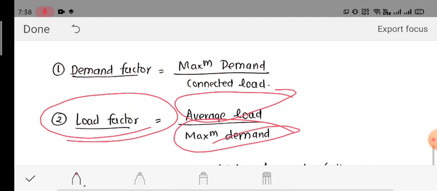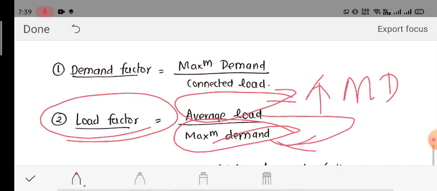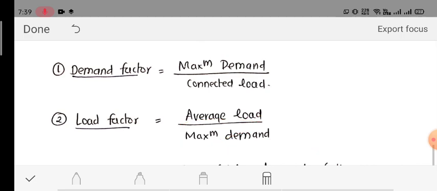When the load on a station is towards maximum demand, then average load will be near about maximum demand, so there will be fewer losses for the power plant, which is your load factor.